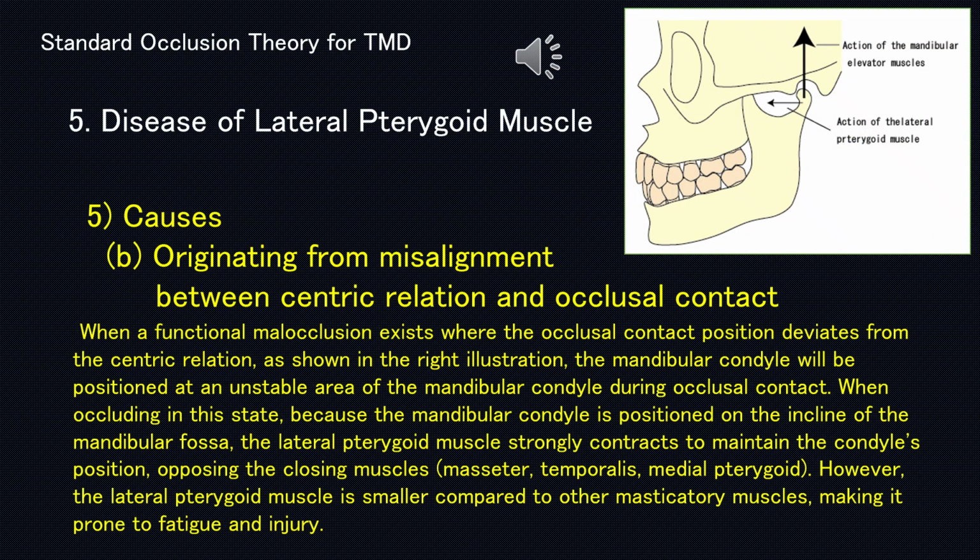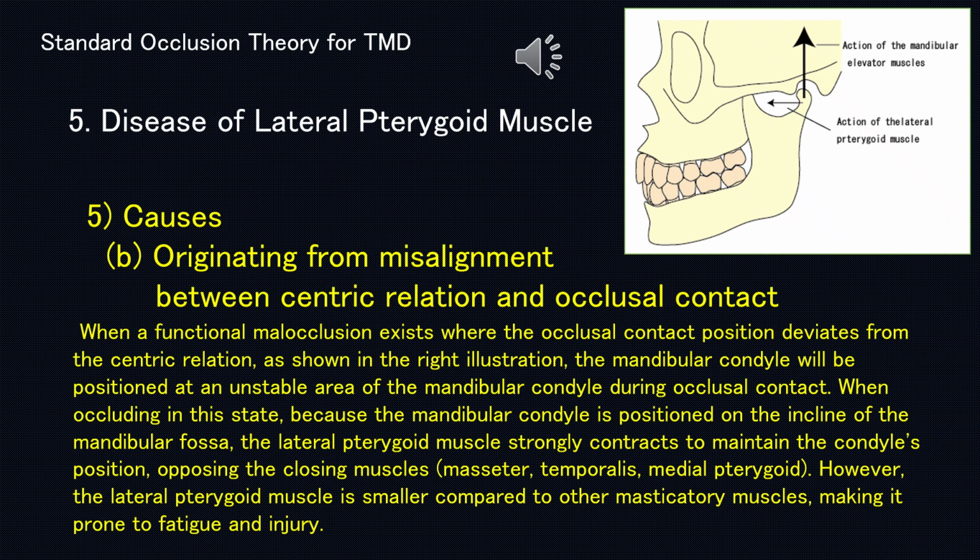5. Causes. B. Originating from misalignment between centric relation and occlusal contact. When a functional malocclusion exists where the occlusal contact position deviates from the centric relation, as shown in the right illustration, the mandibular condyle will be positioned at an unstable area during occlusal contact.